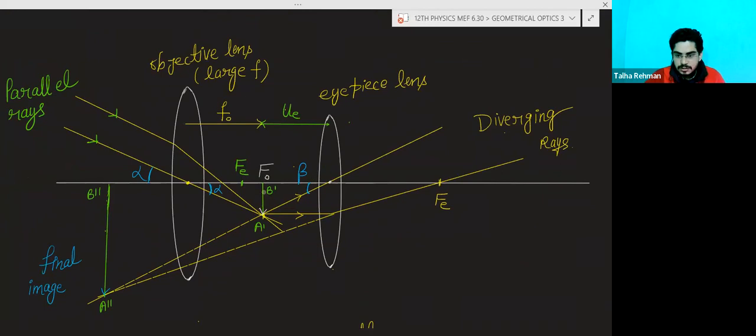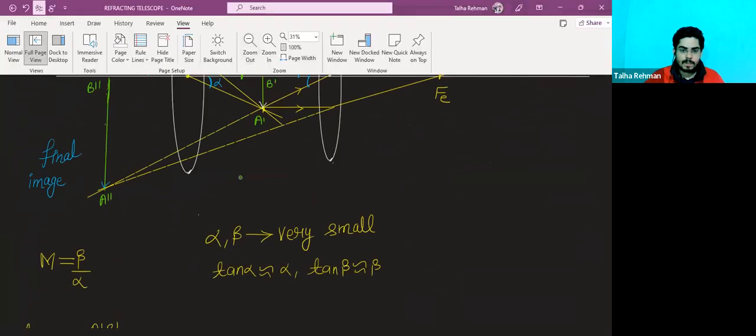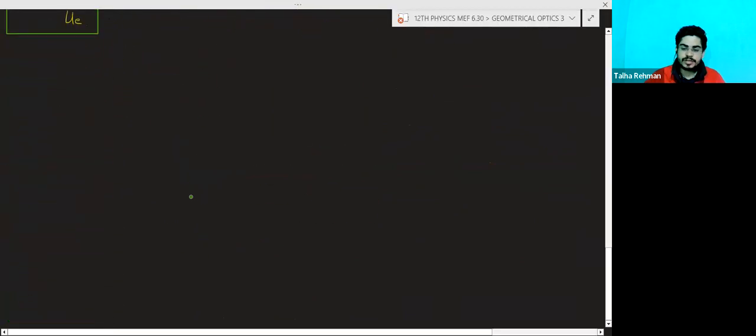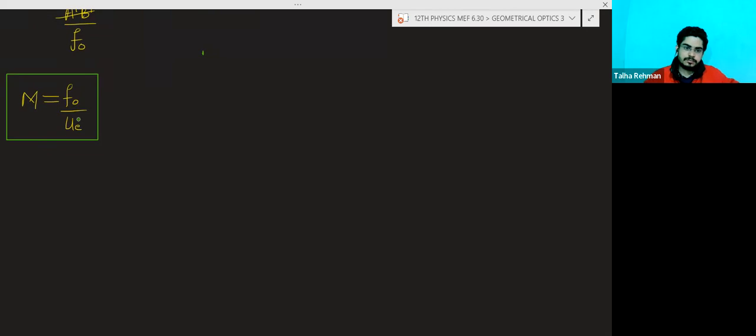For this object, for the eyepiece lens, the image will form here, and this will be the final image. Now two cases will be there: maximum magnification. So remember this formula of magnification, f naught by ue, for the telescope.